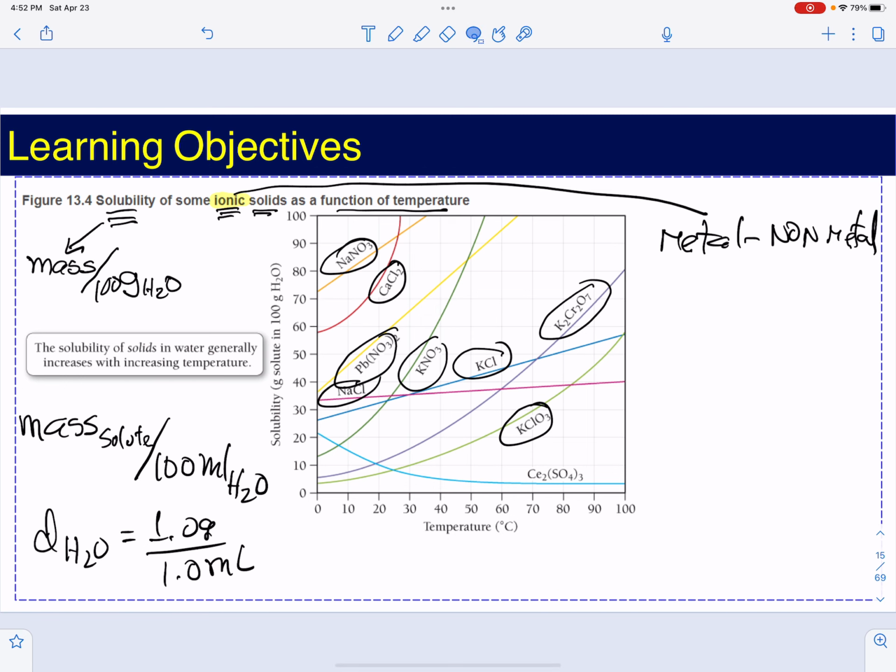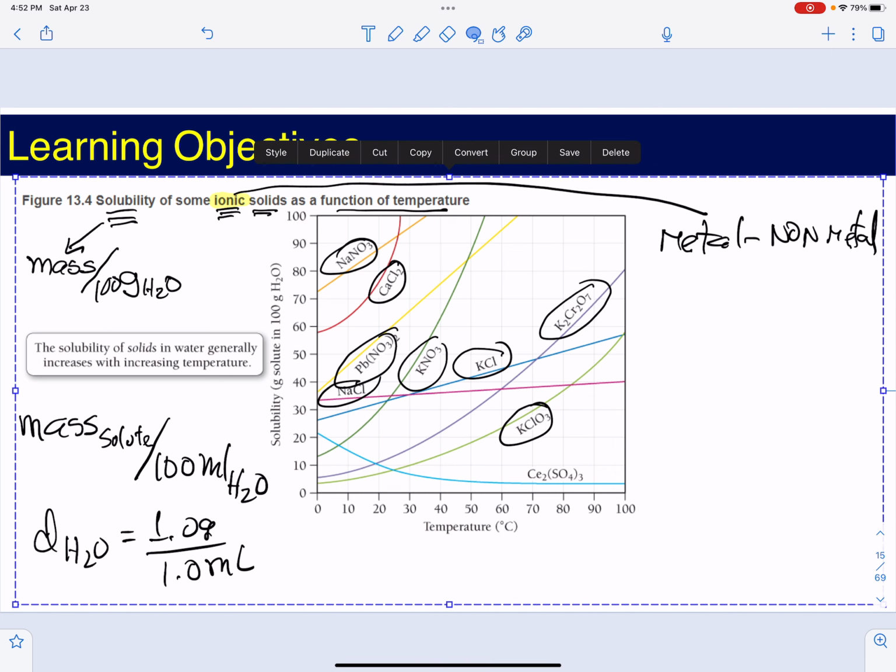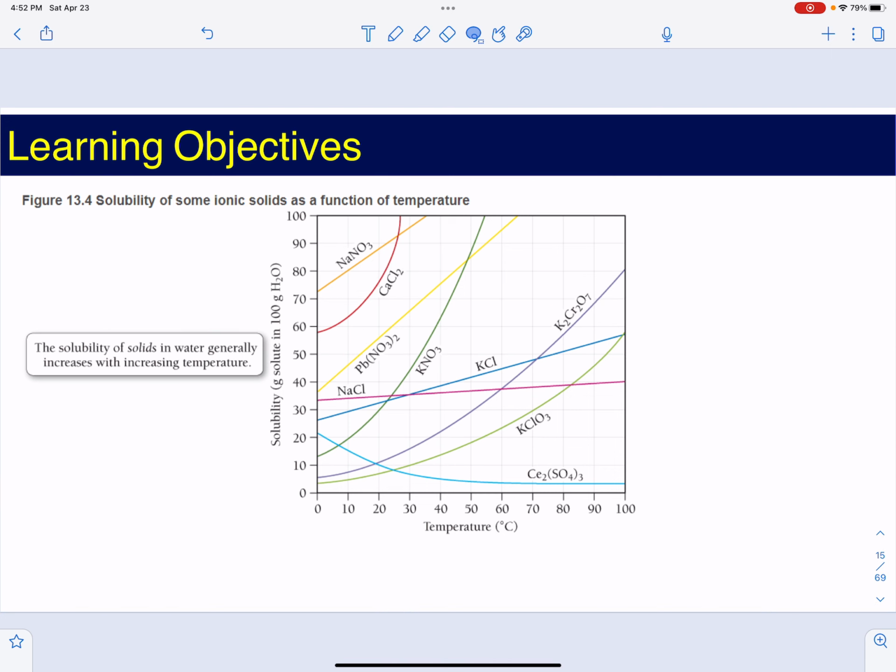So that's what we are discussing with this graph: the amount of mass that you can dissolve of an ionic compound per every 100 milliliters of water, or 100 grams.